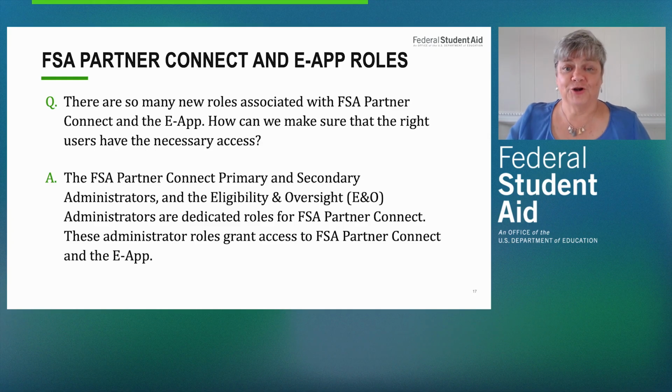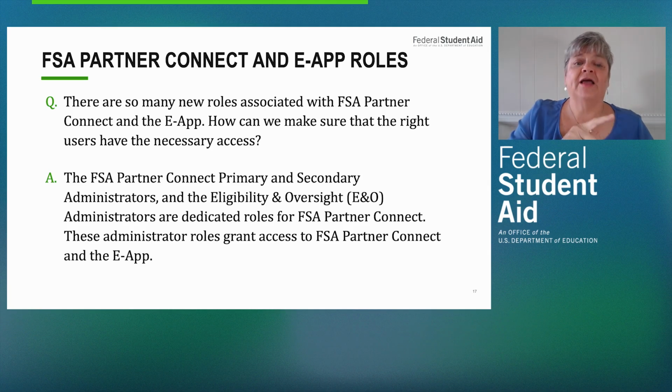The FSA Partner Connect primary and secondary administrators and the eligibility and oversight, or E&O administrators, are dedicated roles for FSA Partner Connect. The primary and secondary administrators manage access to FSA Partner Connect.